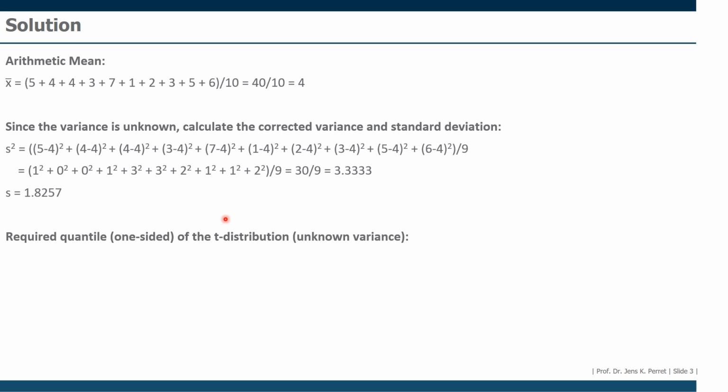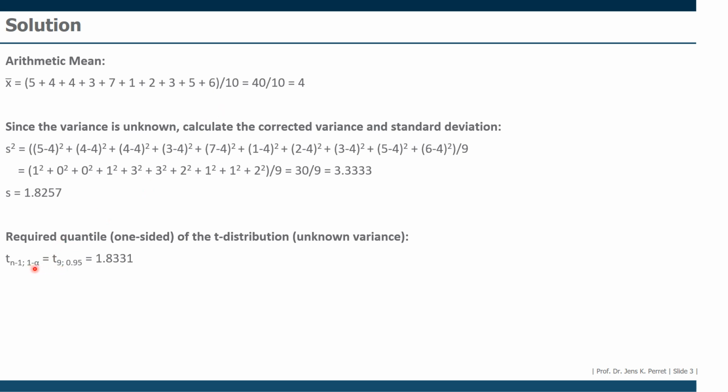In addition to all of this, we also need a respective quantile from the t-distribution. As I said, we're going to do a t-test here, so that's why we're using the t-distribution. The respective quantile is t n minus 1, 1 minus alpha. N was 10, so the first value is 9.